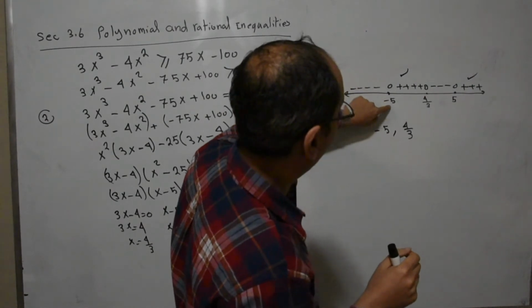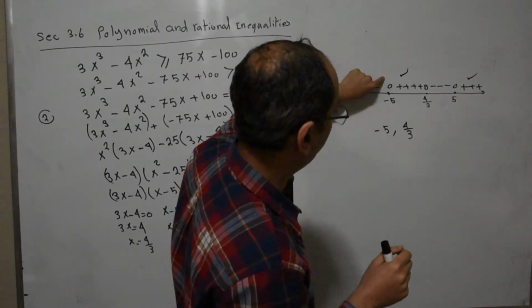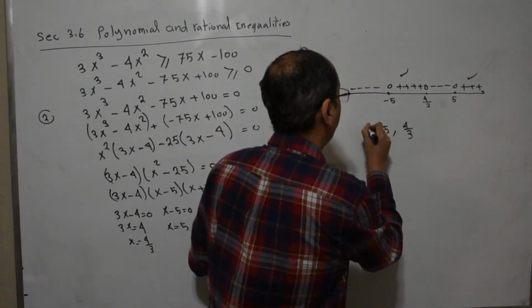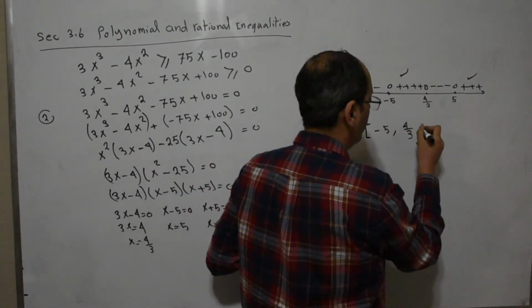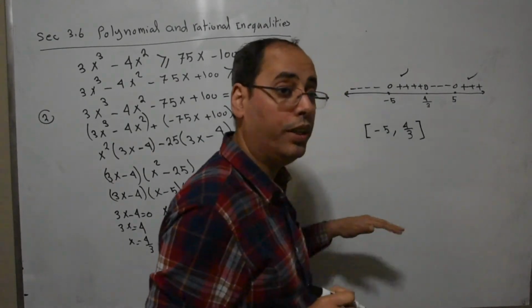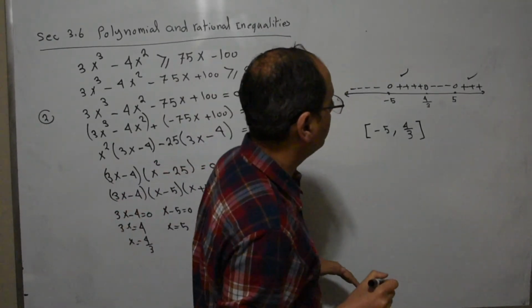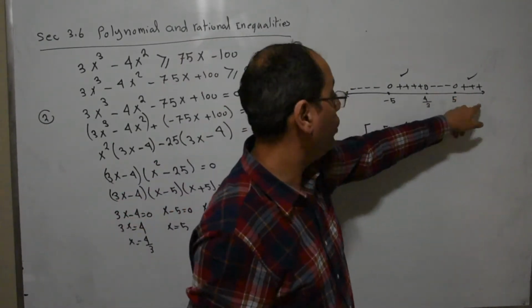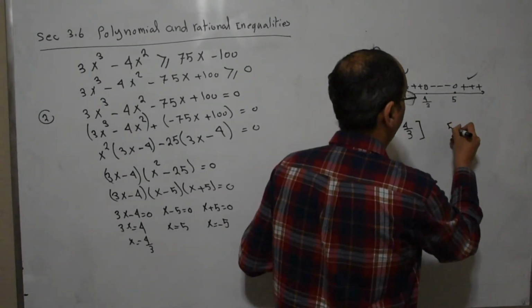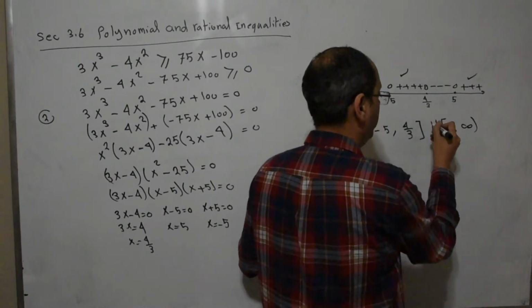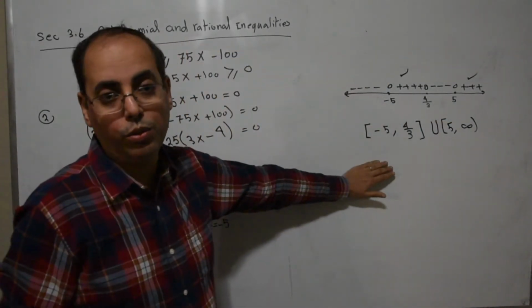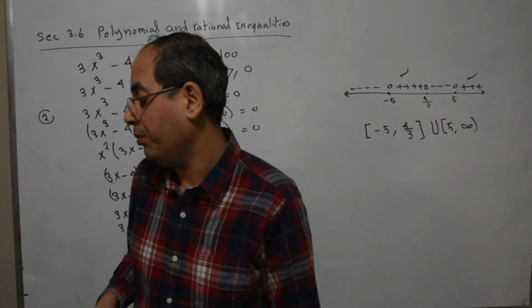So 0 is at negative 5, the inequality equals 0, so I have to include negative 5. And again, at 4/3 I have 0, so I have to include it, which is going to be brackets. But I have another interval here, 5 and infinity, and 5 also as a bracket. And union. So this is the solution of the second problem.